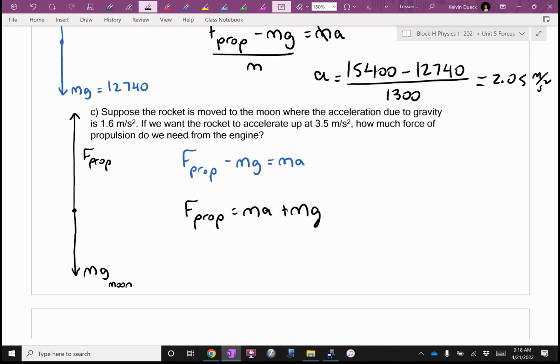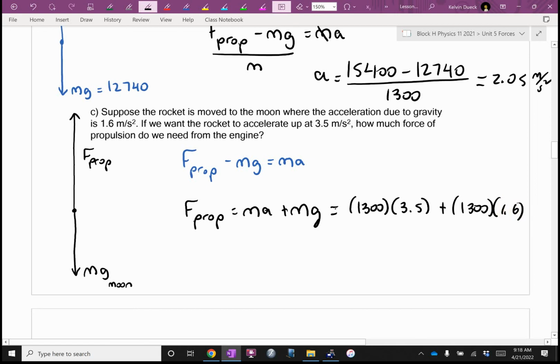And if you're finding a, it's going to be Declan's theorem. All right. m. What was m? Not 1,300. It's the same rocket. a, 3.5 plus 1,300. Ooh, Sarah, not times 9.8, times what? 1.6.